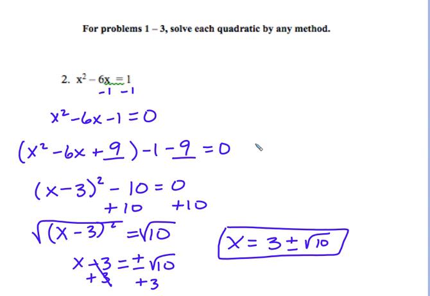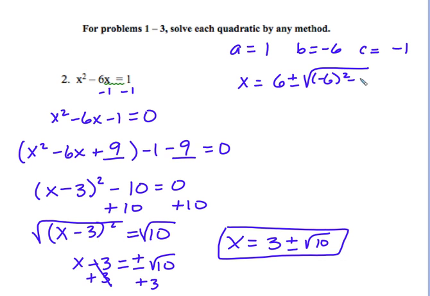Now, if you wanted to use the quadratic formula, you could have. Your a would have been 1, your b would have been negative 6, and your c would have been negative 1. If you thought it was 1, it was because you didn't move it over. And your setup would have looked like this. The opposite of b, plus or minus the square root of b squared minus 4 times a times c, all over 2 times a.